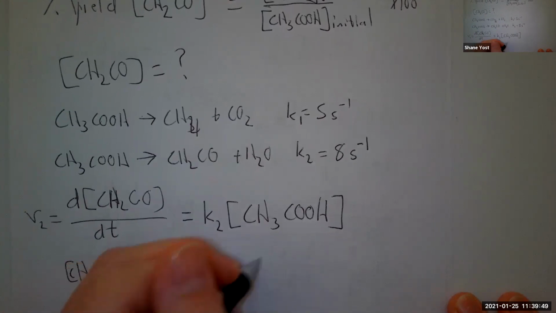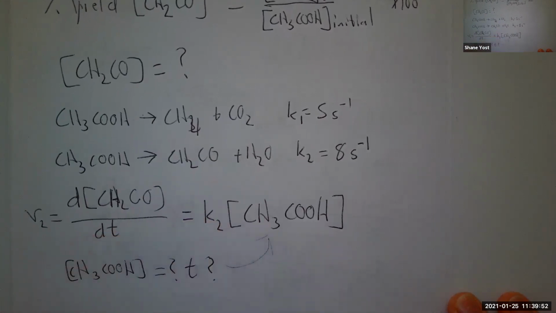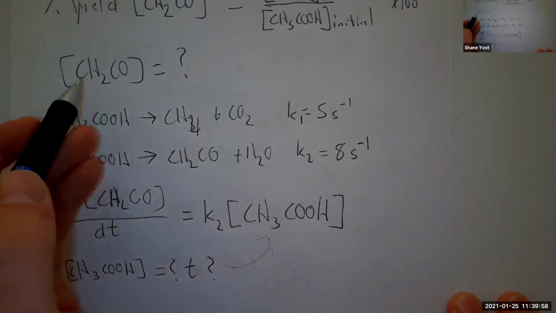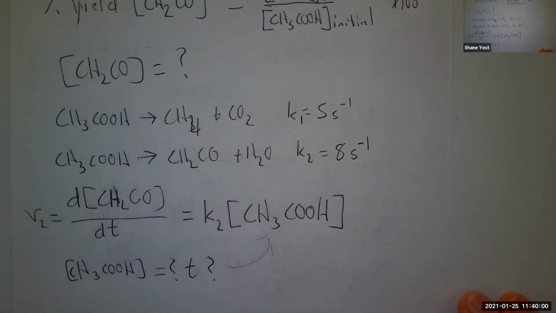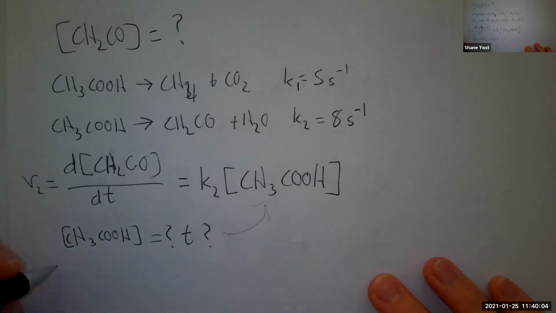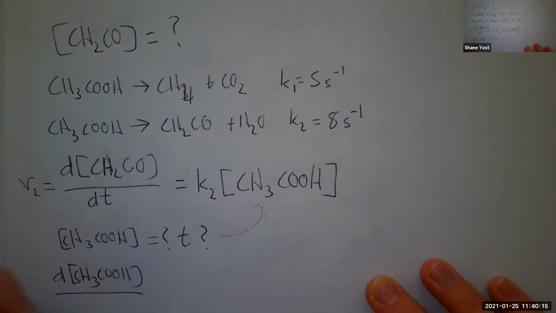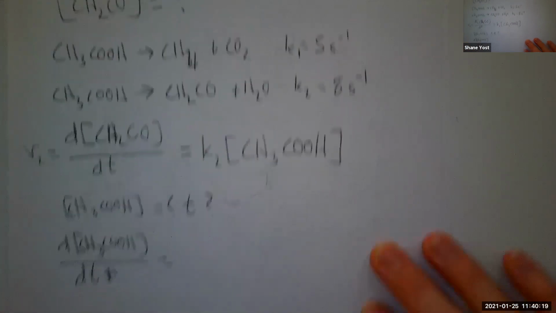Because then I can plug that in here, and if this is something as a function of time, then I can integrate this equation to solve for my concentration of CH2CO as a function of time. So the question is, let's get the concentration of CH3COOH as a function of time.